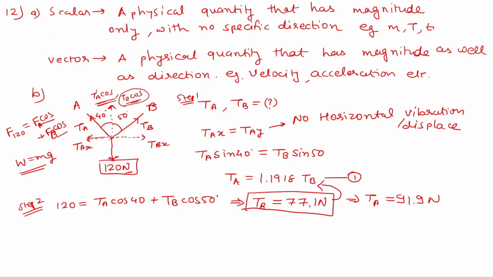For this, we have to find the horizontal components HA and HB. This is the horizontal component of A, and this of B. From this you can write HA is equal to HB, because why? Because it is static equilibrium.